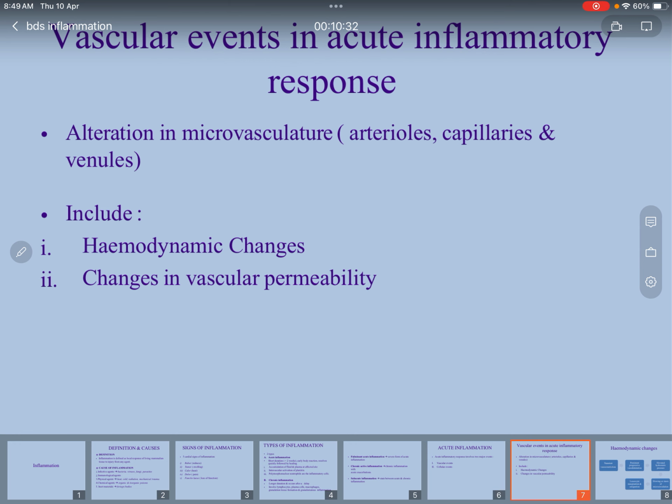Today we will deal with vascular events in acute inflammatory response, which means it is an alteration in the microvasculature. That is, microvasculature includes arterioles, capillaries and venules. And this includes two types of changes, that is, one, hemodynamic changes, and two, changes in the vascular permeability.